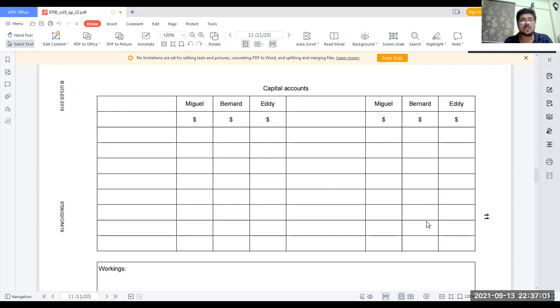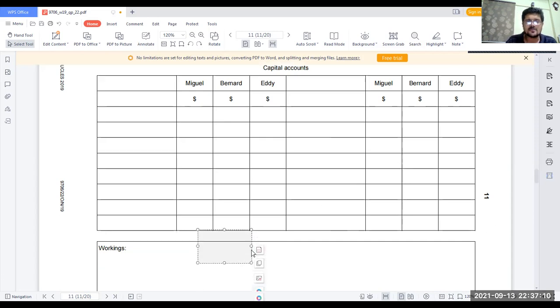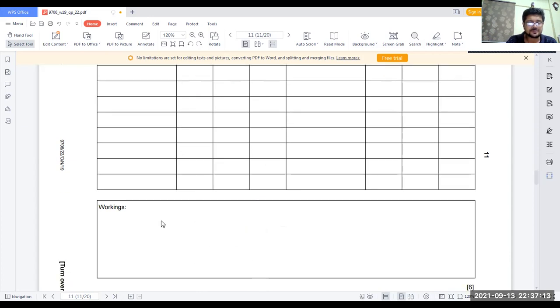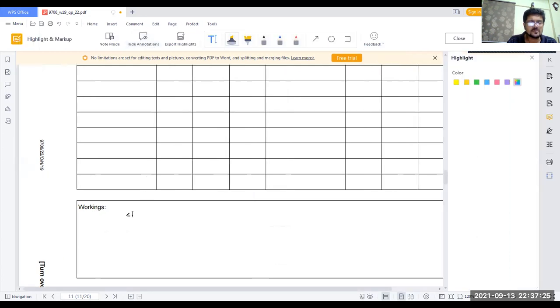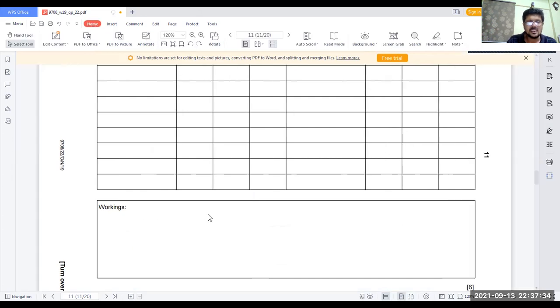Now what we have to do, first we have to make the capital account, and before making the capital account, the first thing we have to do is make an account for revaluation. So when we are making an account for revaluation, we have to make the revaluation account here.